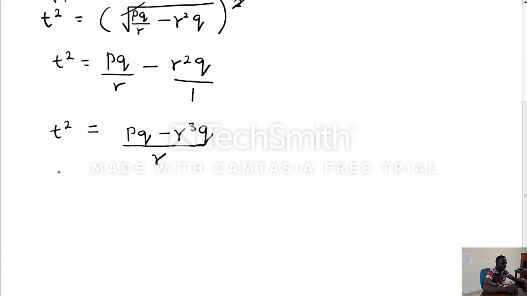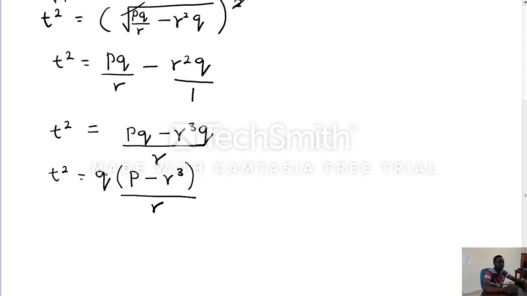Okay, and I'm going to factorize out q, being t squared is equal to q into bracket p minus r cubed, all divided by r. Now I have been able to factorize out q.